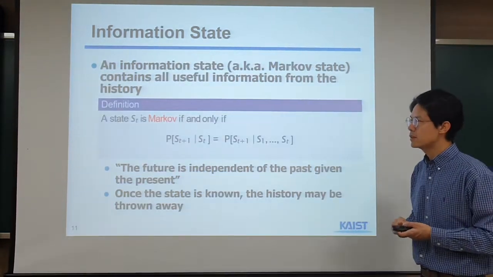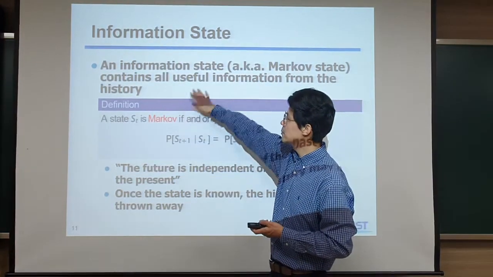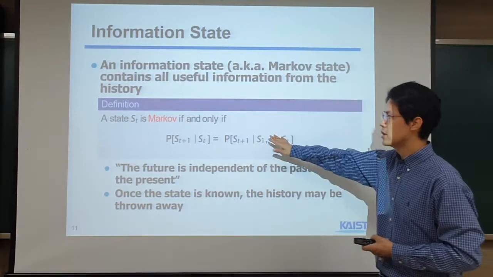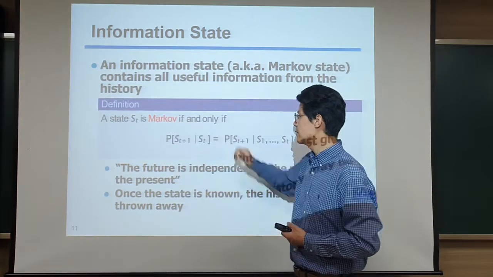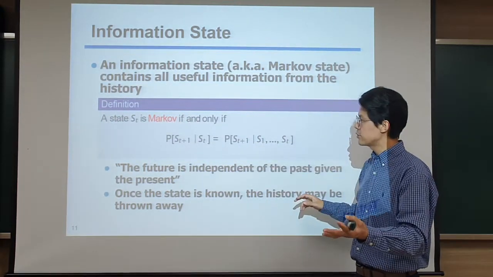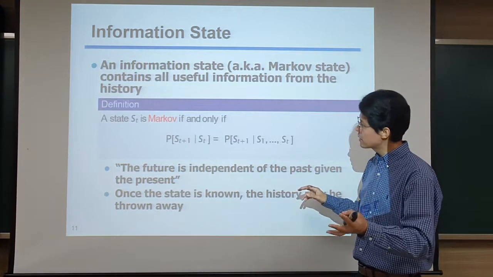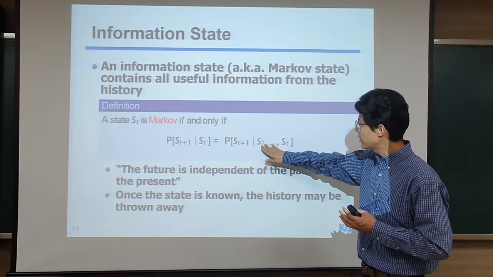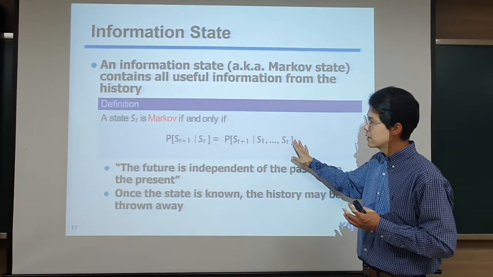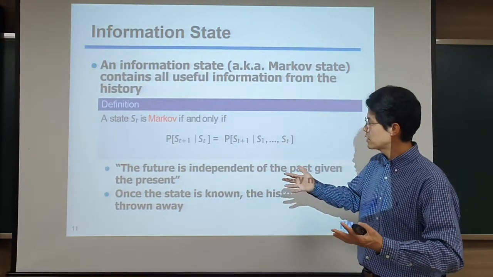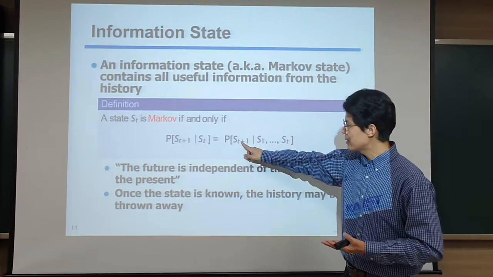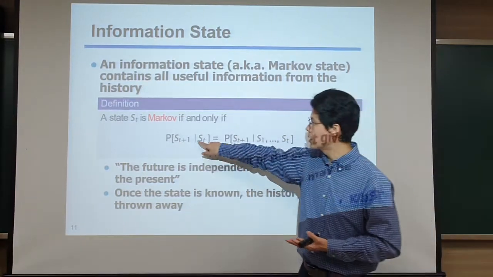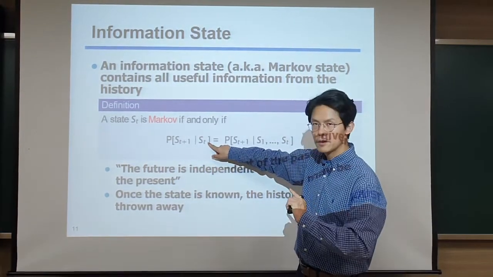But you might have heard about the Markov state, or as some people say, an information state. A state is Markov if and only if the probability transition to the next state S_{t+1}, given the history S_1 to S_t, depends only on the immediate prior state S_t.